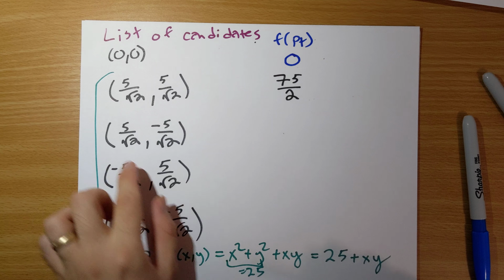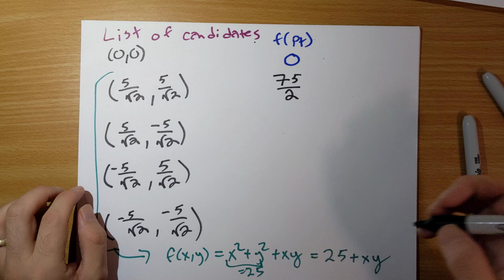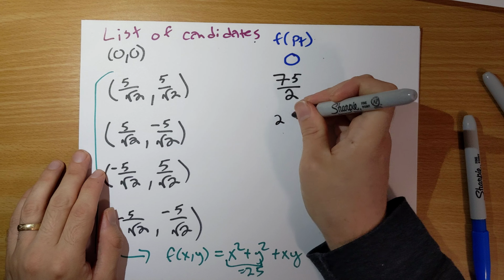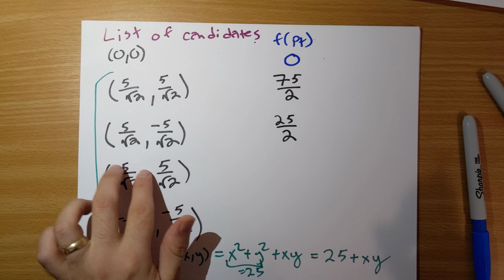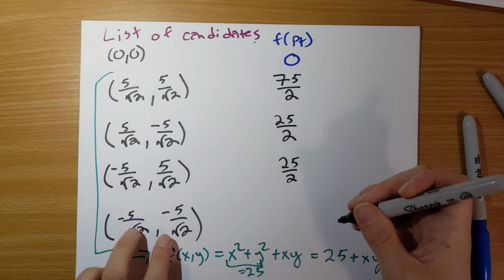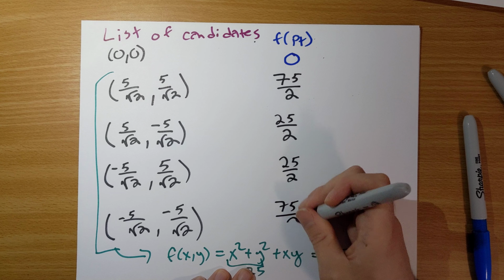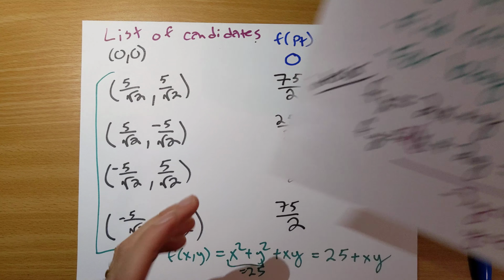This one will give us 25 plus this times this, and that'll be 25 minus 25 over 2, which is 25 over 2. This one will give us, similarly, 25 over 2, and this one will give us 75 over 2. And so let's finish off the problem.